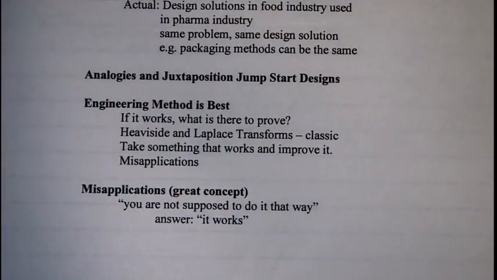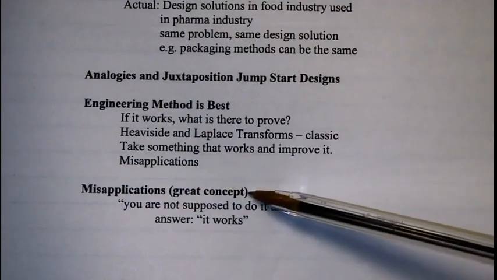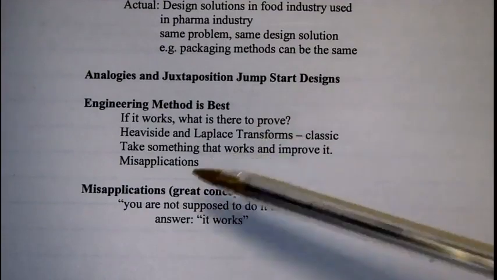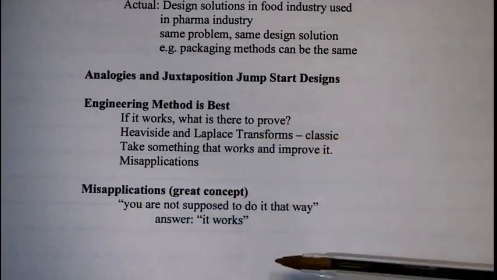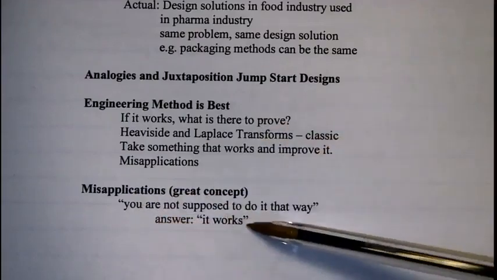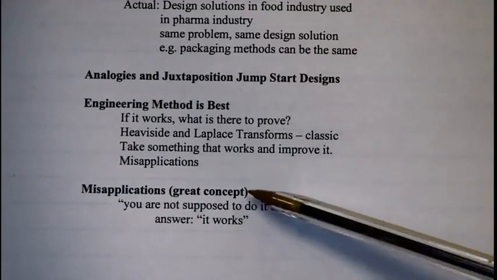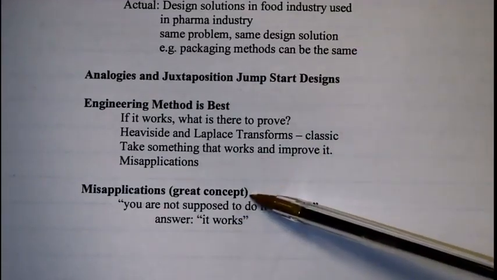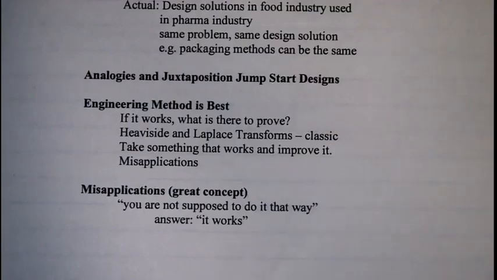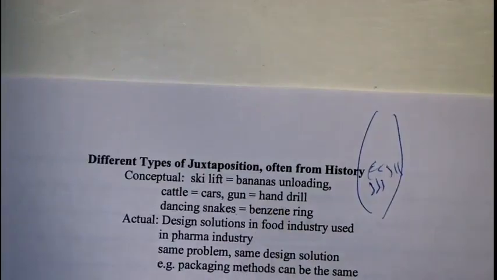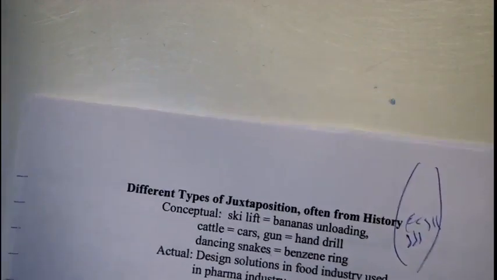I've done this myself in one calculation I was doing. Oh, you're not supposed to do it that way. And the response back is, it works. So if it works, use it. Oftentimes misapplications can be quite useful. Again, the prime example would be up there: bananas. I bet the first designs for the ski lift were from banana designs.